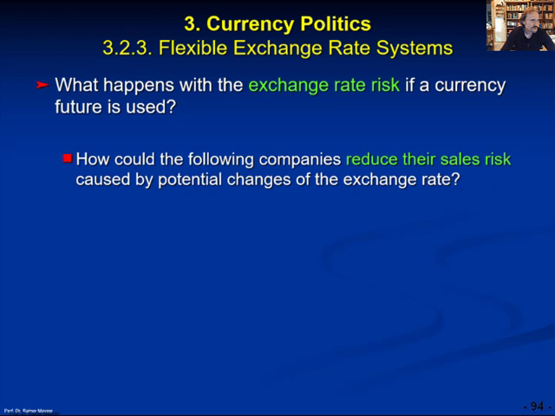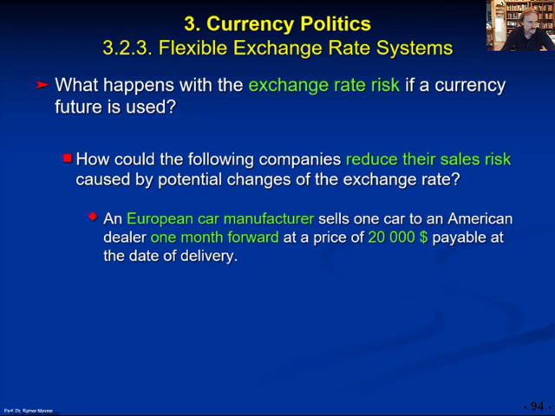How could the following companies reduce their sales risk caused by a potential change of exchange rates? Let's assume we have again a European car manufacturer who sells a car to an American dealer 1 month forward at a price of $20,000 payable at the date of delivery 1 month forward.